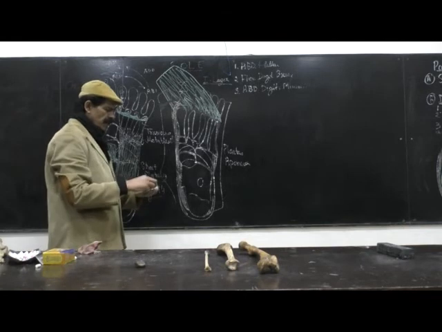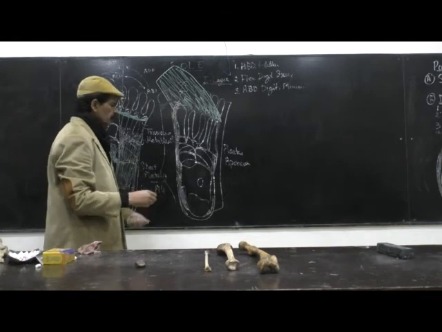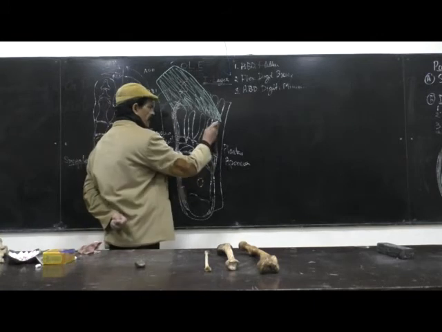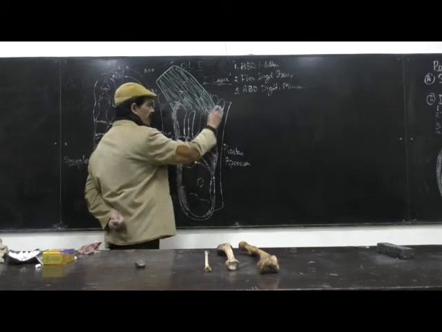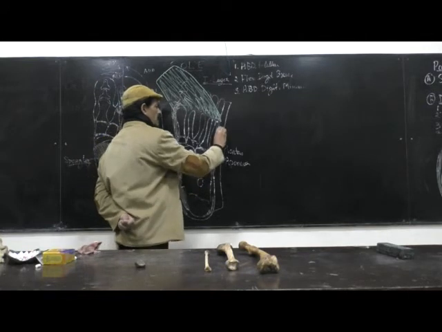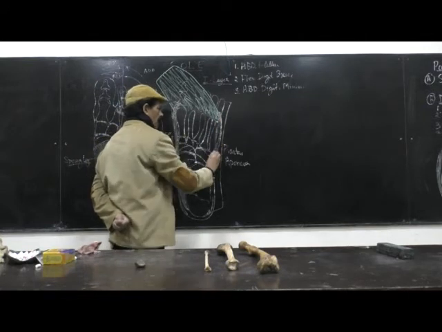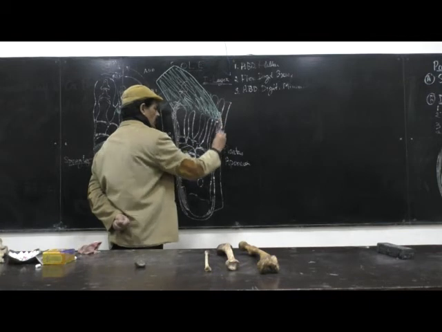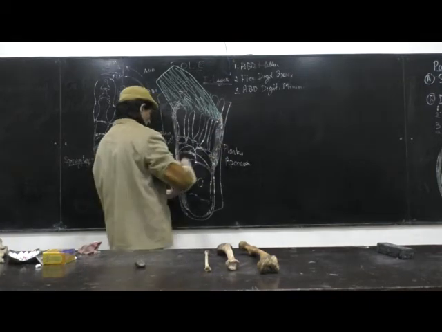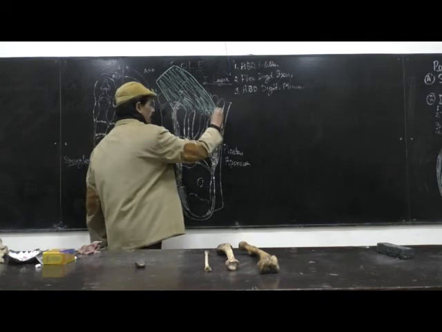Similarly, abductor digiti minimi. This muscle has to abduct the little finger. It will take origin from the cuboid bone, and it goes laterally over the fifth metatarsal, and it is inserted over the base of the proximal phalanx.